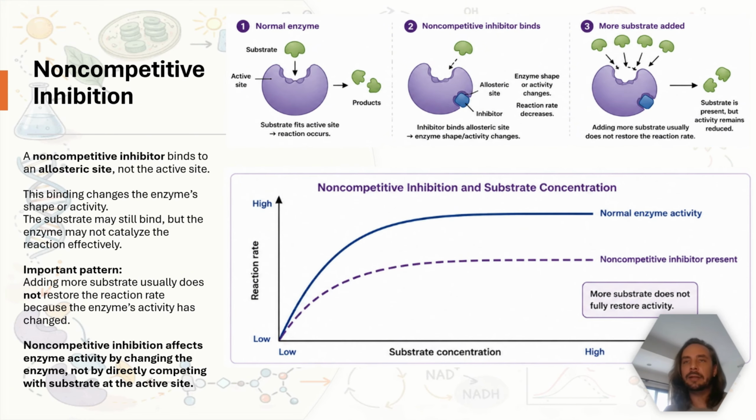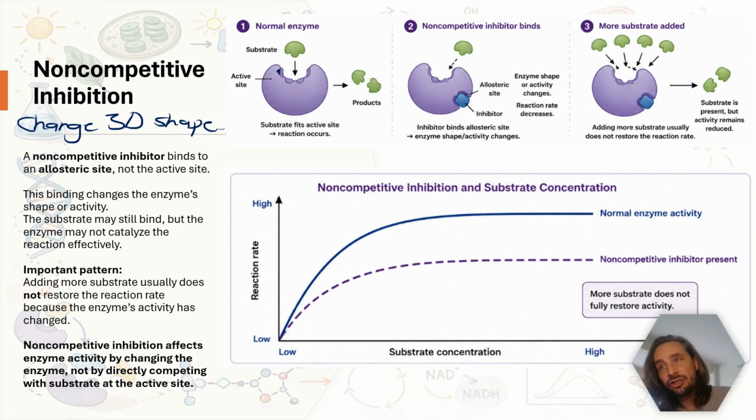Non-competitive works a little differently because in non-competitive, we change the 3D shape. So we actually change the shape of the active site. So once an inhibitor binds to that enzyme, the active site changes, and that means that the substrate is no longer able to bind to the active site.